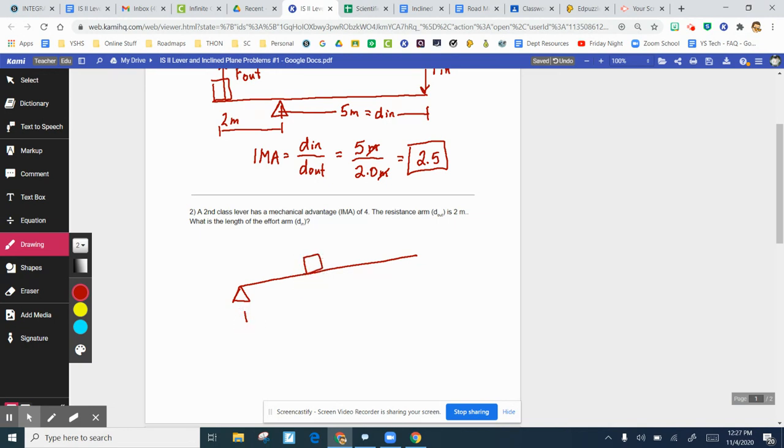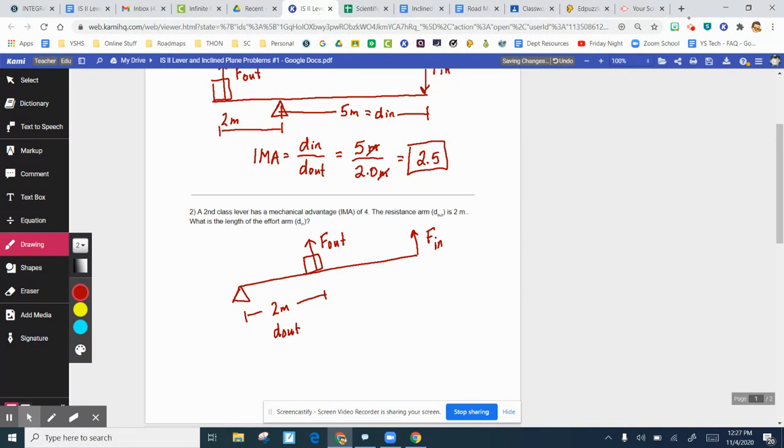Always measure my resistance arm from the resistance or the load to the fulcrum. So this is 2 meters. This is my distance out. This here is where the load is. So we call this force out. This is kind of the output. This is where you're lifting the handles of the wheelbarrow. So that's my force in.